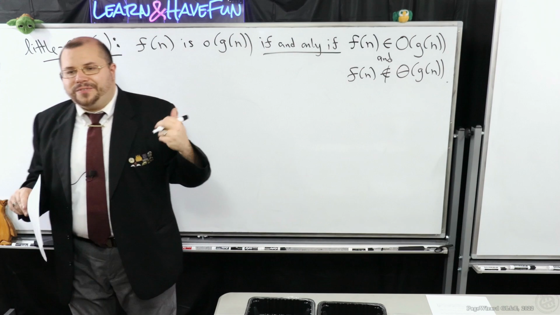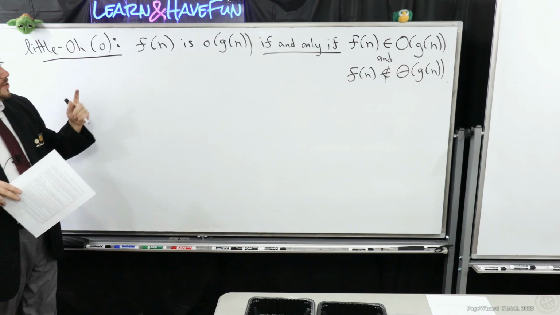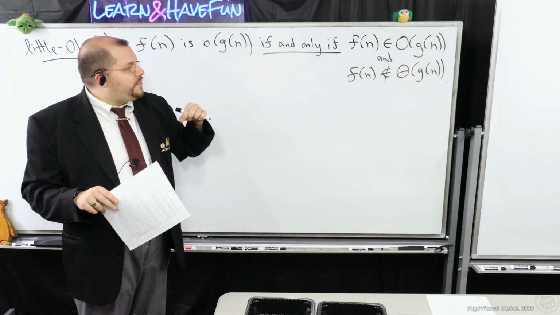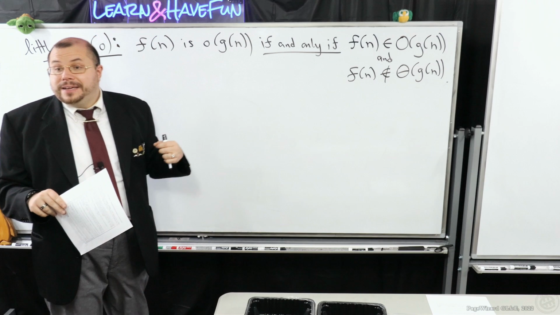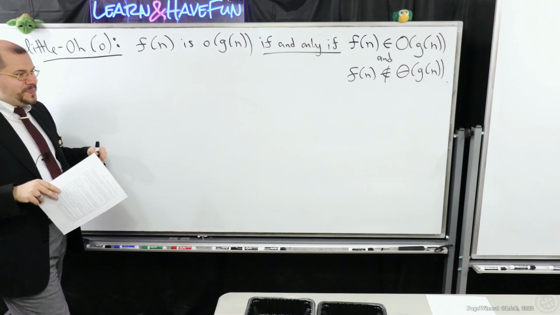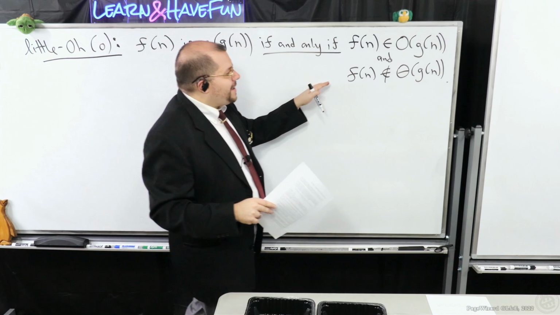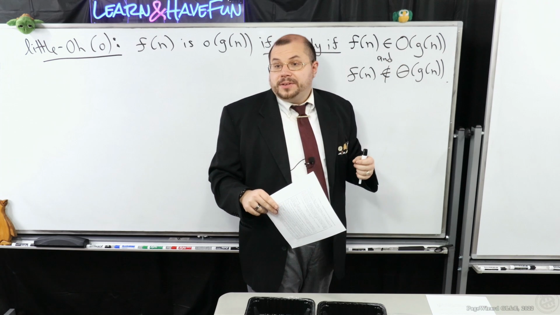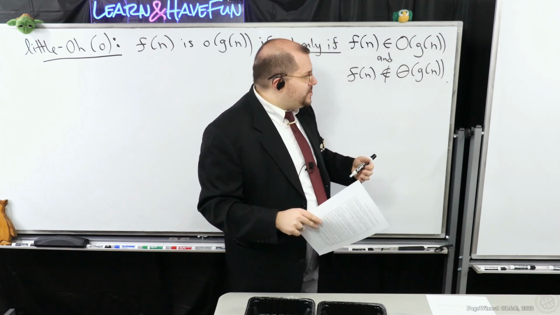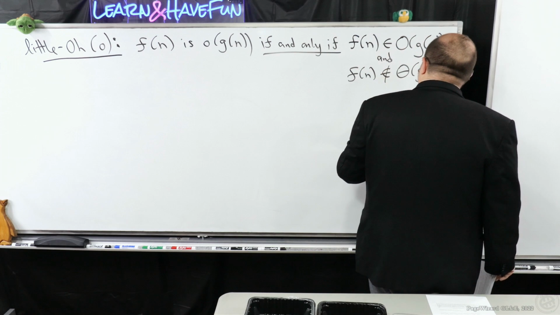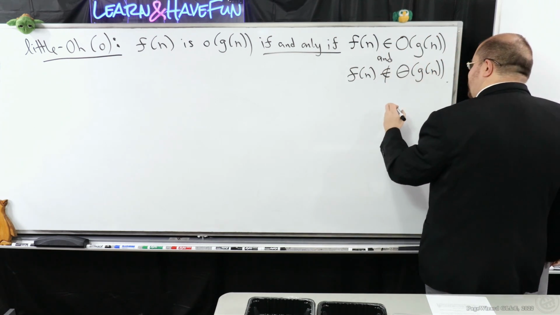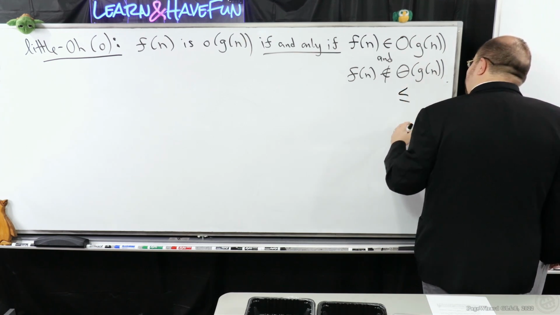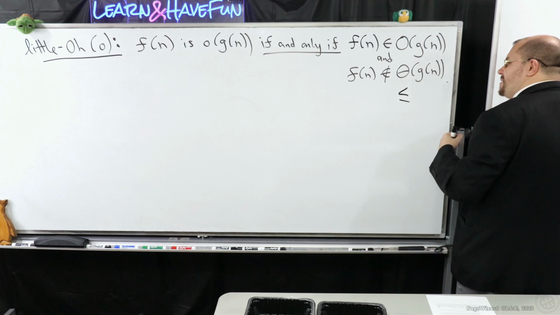So you might be looking at this definition, so let me just reiterate. f is little o of g if and only if f is big O of g and f is not big theta of g. Just to be clear what that means: you already know that big theta is an asymptotically tight notation, right? Big O is an asymptotic upper bound. You can think of that in terms of inequalities: you find a C, you find an n0, and you show that f is less than or equal to C times g of n, correct?